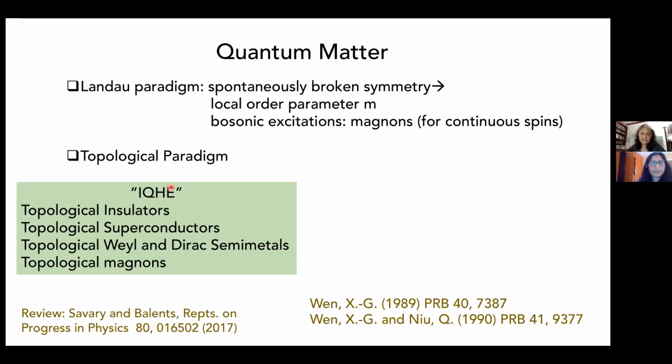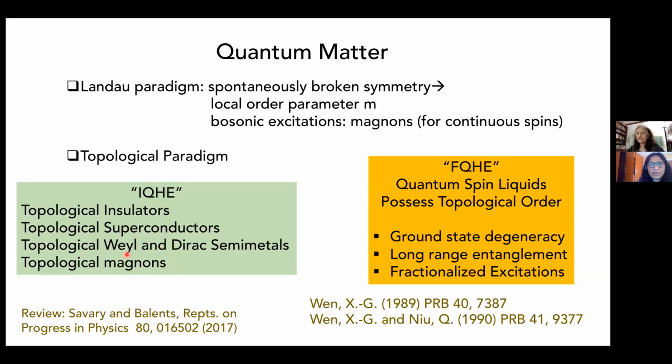This is where you can talk about topological insulators, topological superconductors, even Dirac point touchings, so you can have topological semi-metals. You can have insulators, but the band structure of the magnons, so you still have well-defined magnetic excitations, but the band structure of these magnons can have Berry phases.